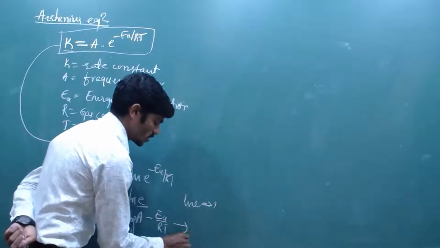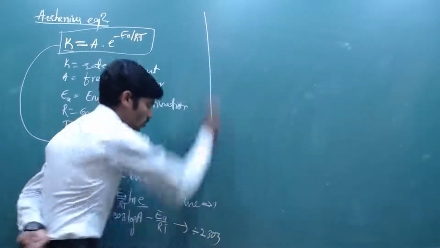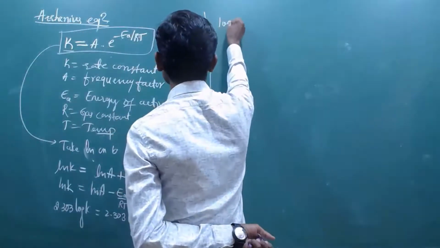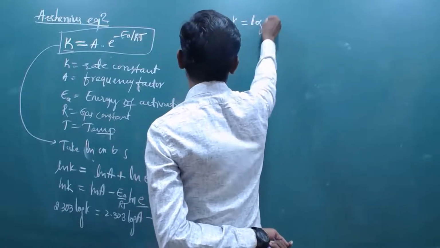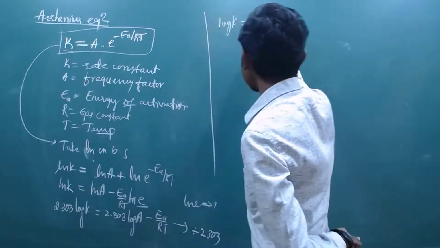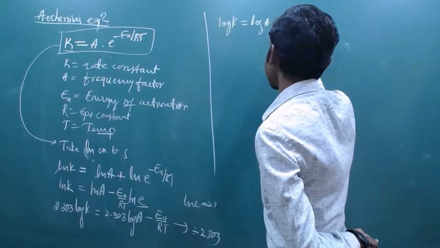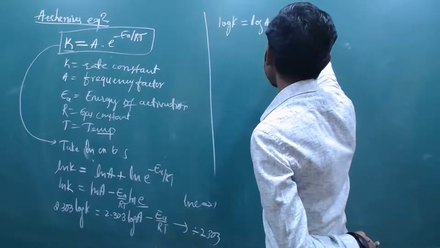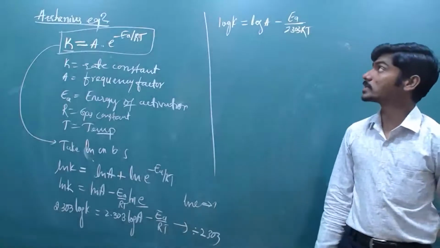So divide the whole equation by 2.303. It gives log k is equal to log A minus EA divided by 2.303 RT. This is the expression.